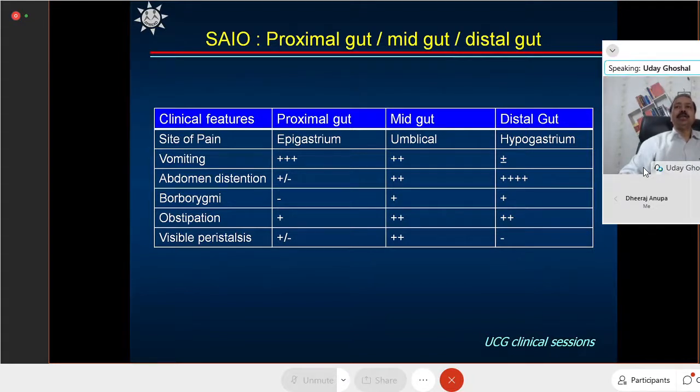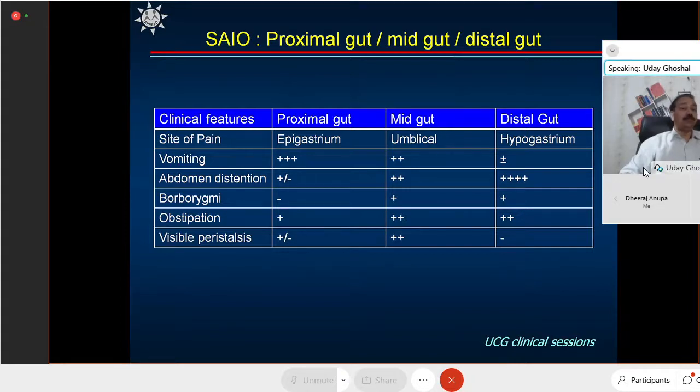And the distal gut pain will be hypogastrium. So remember one thing, if somebody is having colonic, let us say transverse colonic pathology, don't expect the pain to be in the hypogastrium. The pain will be in the umbilicus. Whereas if somebody is having left colonic pathology, descending colon or sigmoid colon, the pain will be hypogastric.